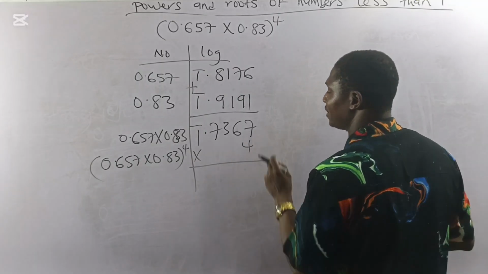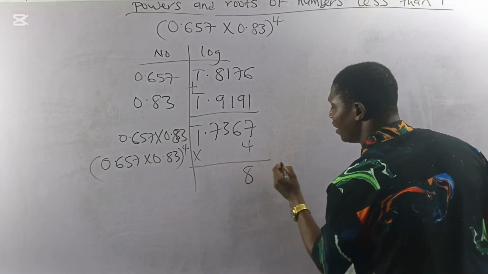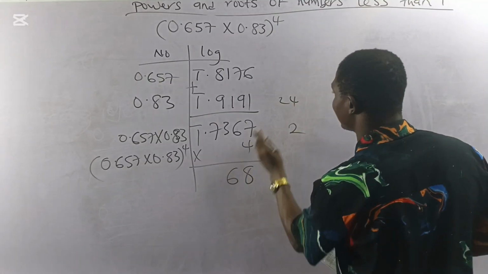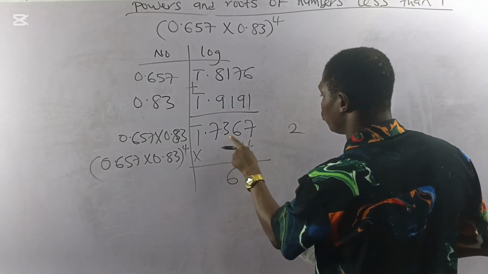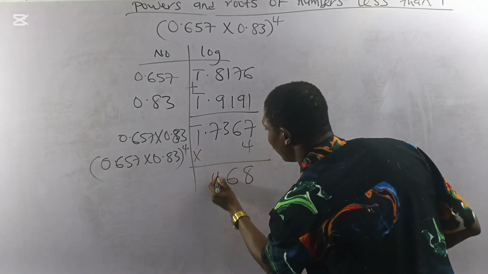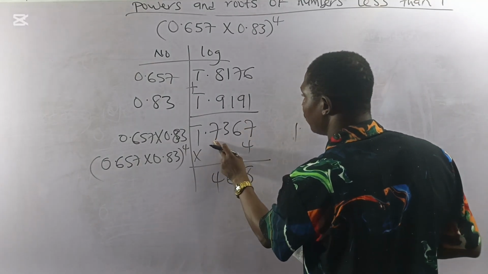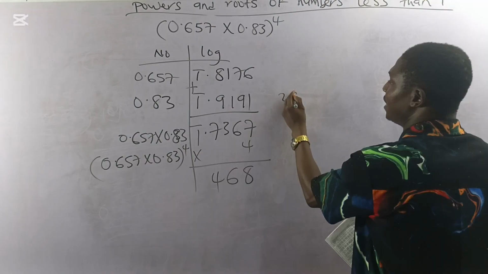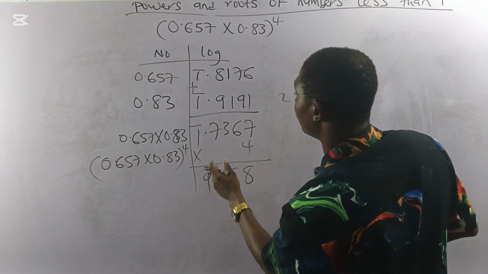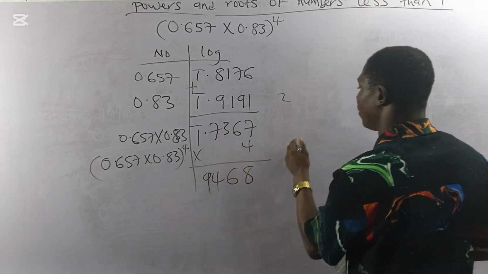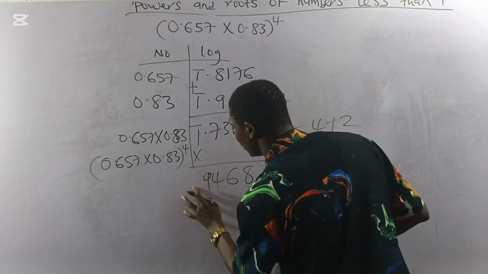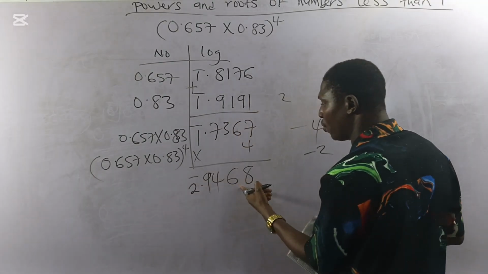Now, 4 times 7, 28, 8 carry 2. 4 times 6, 24, plus 2, 26, 6 carry 2. 4 times 3, 12, plus 2, 14, 4 carry 1. 4 times 7 again, 28 plus 1, 29, 9 carry 2. And 4 times minus 1, which is bar 1, is minus 4. Minus 4 plus 2 is minus 2, which is bar 2. So we simply have bar 2.9468.